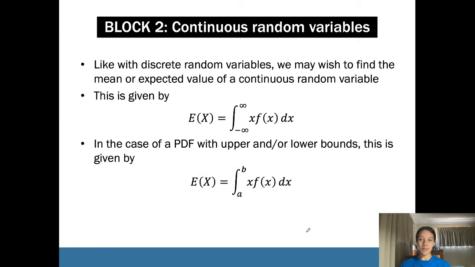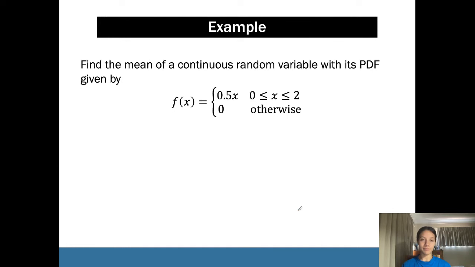Like with discrete random variables, we may wish to find the mean or expected value and also the variance. The expected value is given by the following formula, where you take the function, multiply it by x, then integrate from the lower to upper bounds. Here's an example. Find the mean of a continuous random variable with its PDF given by the following.